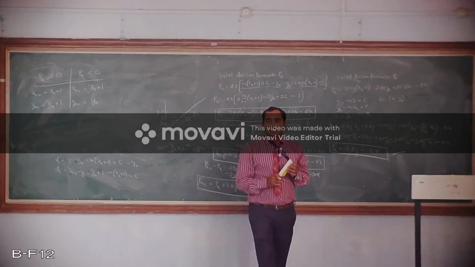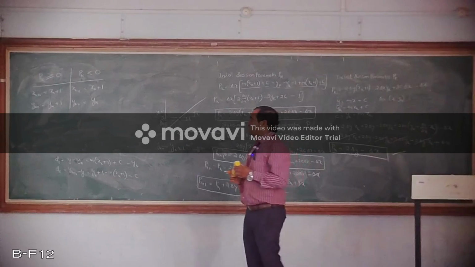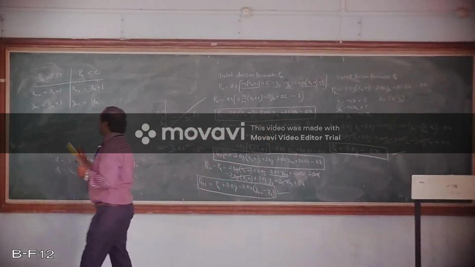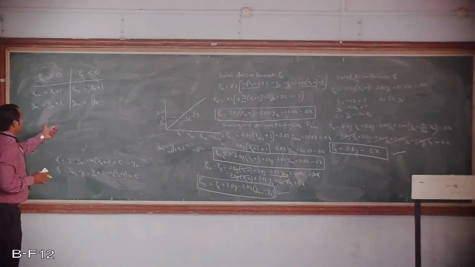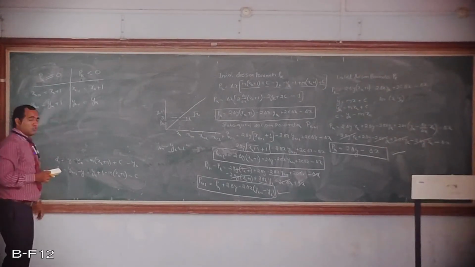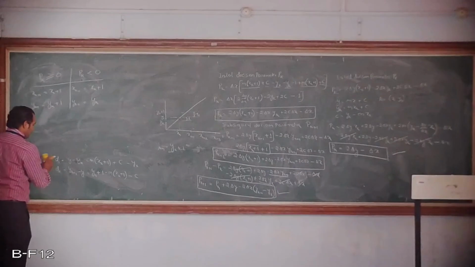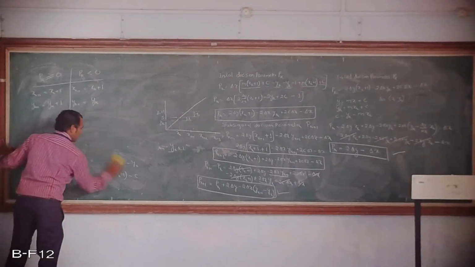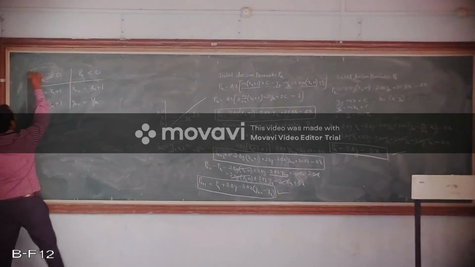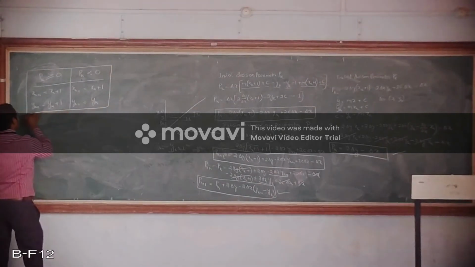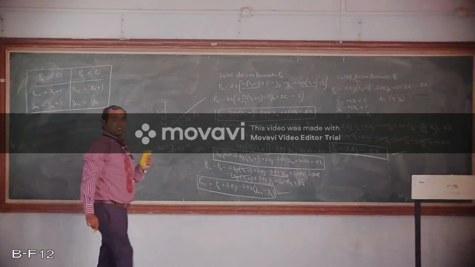So these are the conditions: if the decision parameter is greater than or equal to 0, or if the decision parameter is less than 0. These formulas I need to remember and use in the problems. So this entire derivation is done for slope less than 1.